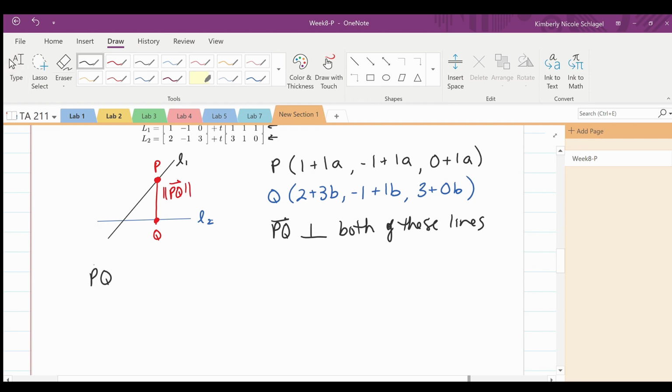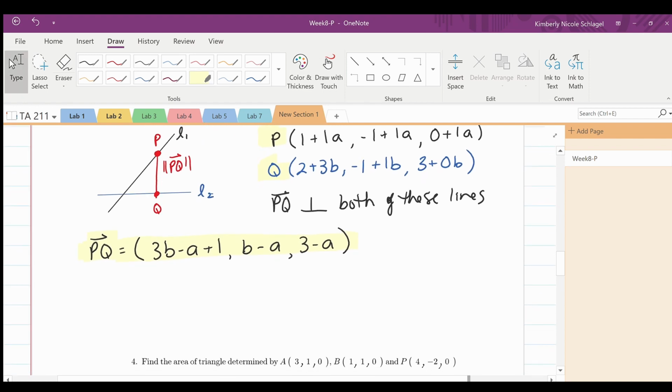We're just subtracting vectors here. This is my P and this is my Q, so I'm going to take Q and subtract P from it. I'm going to get 3b minus a plus 1, b minus a, and 3 minus a. So this is what my PQ is equal to.